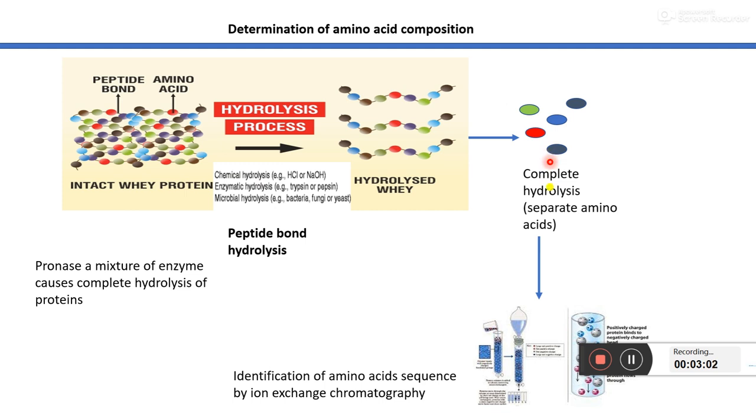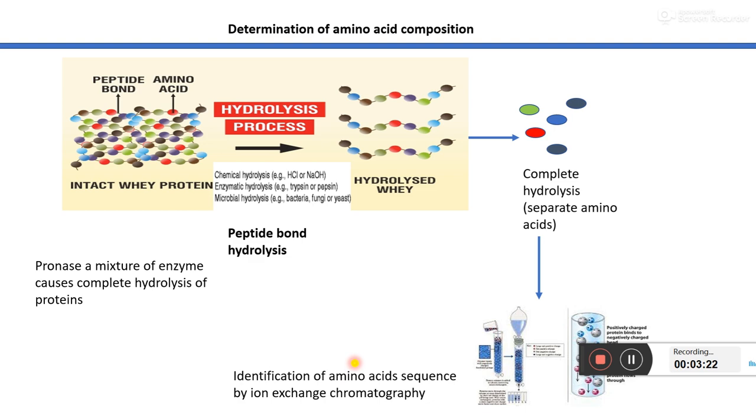Now these separated amino acids are generally identified by a chromatographic technique, that is ion exchange chromatography, and in this way the composition of amino acids in a particular protein can be determined. So this is the first stage of protein sequencing.